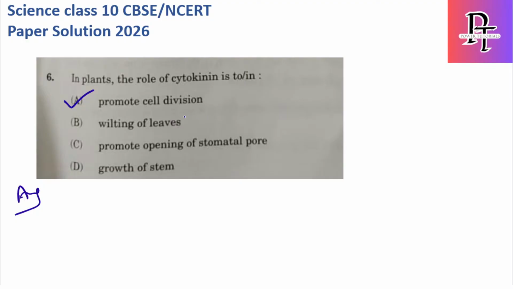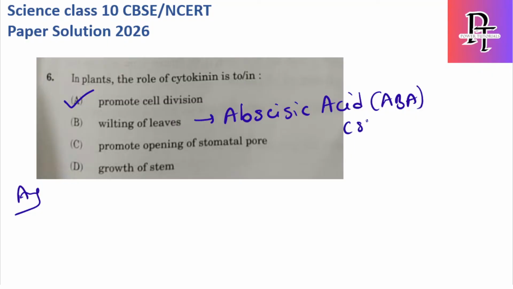What about wilting of leaves? If they ask in your board exam, wilting of leaves happens by abscisic acid, also mentioned as ABA. This can also be written as the stress hormone.